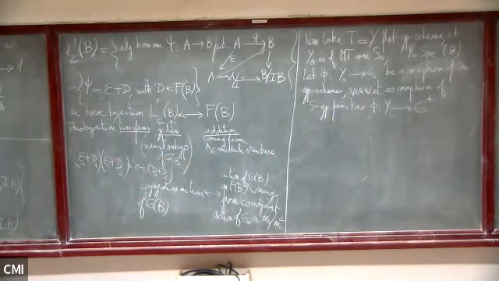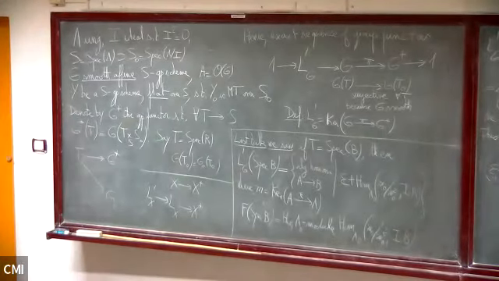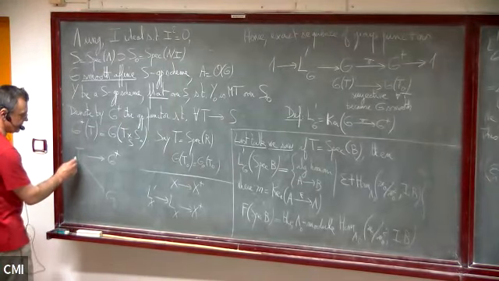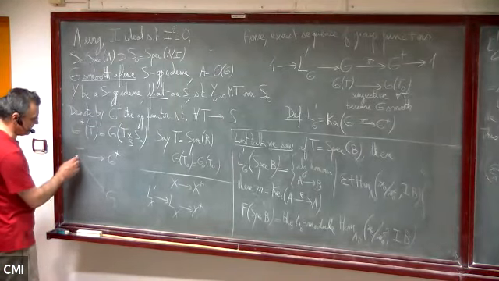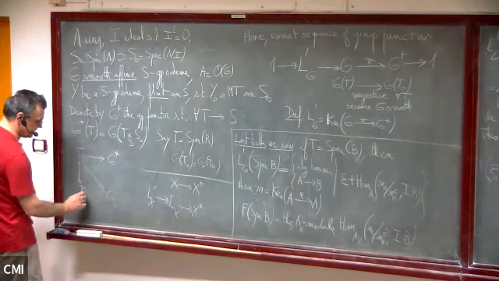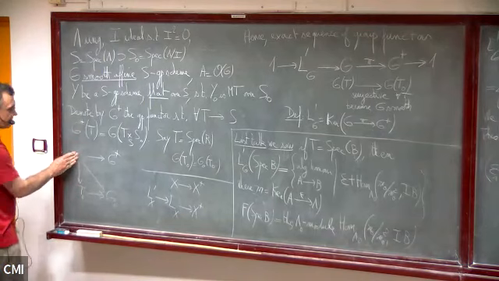A morphism from T to G plus, by definition, is a morphism from T to G0. And of course, any morphism from T to G0 factors like this. So we apply this to Y.